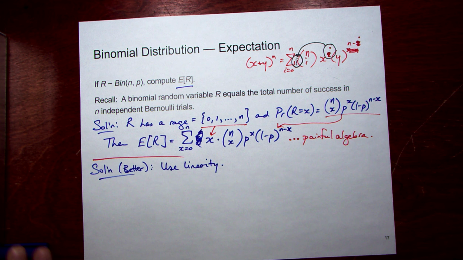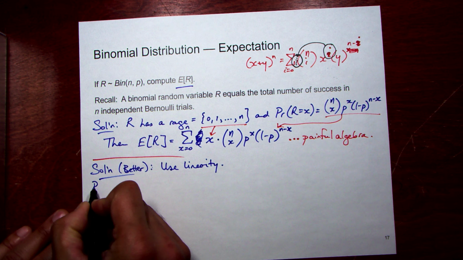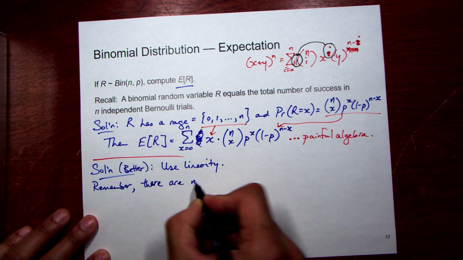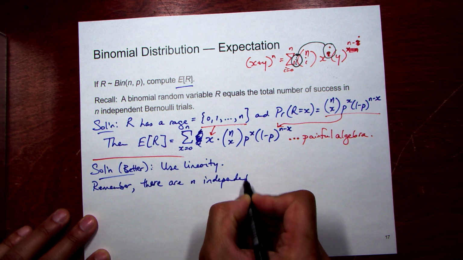We can use linearity by breaking it up into its n independent Bernoulli trials. Remember, it's a coin flip each time. We total up the number of successful coin flips. We can do the same thing that we did in the card counting example. Okay, so remember, there are n independent trials.